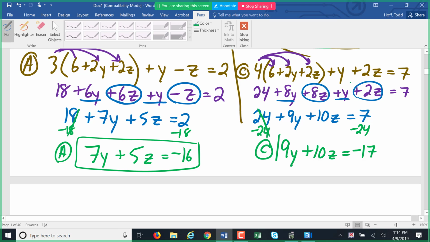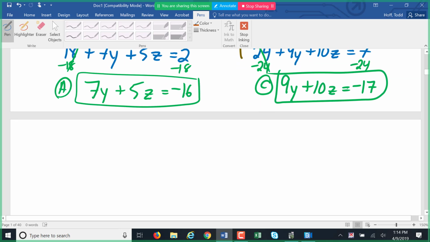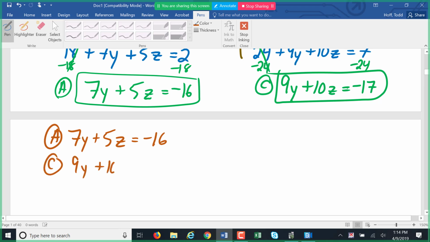That's my modified equation C. Those two equations now make up my system of two equations with two variables. So there is my two-variable system of equations. And it is not necessarily pretty.